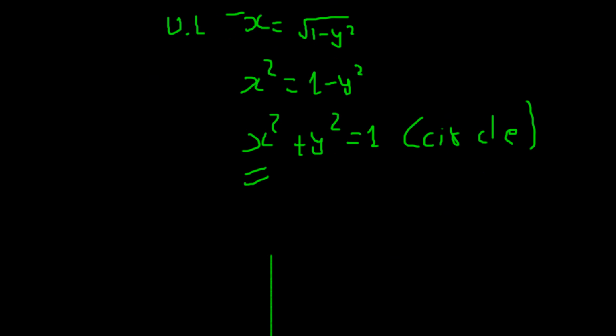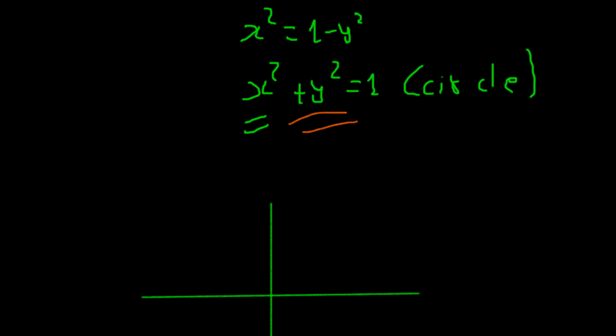Let me change color. This equation is of a circle, so let's make the circle. It is x square plus y square equals to 1.